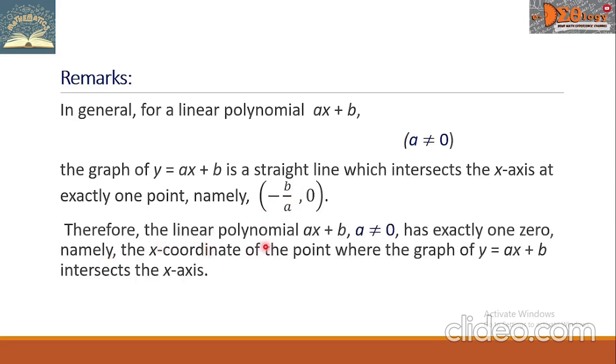Therefore, the linear polynomial ax plus b, with a not equal to 0, has exactly one zero, namely the x-coordinate of the point where the graph of y equals ax plus b intersects the x-axis.